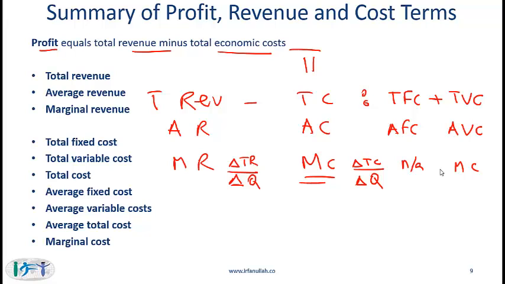So that covers all the terms that you see over here. I hope you can remember it by saying that there is revenue and cost, and then the other dimension is to recognize that we have total, average, and marginal, and the final thing is with cost we have a fixed cost component and a variable cost component.